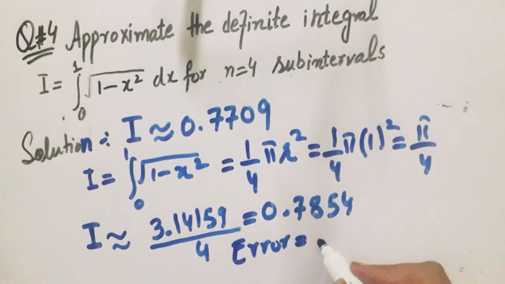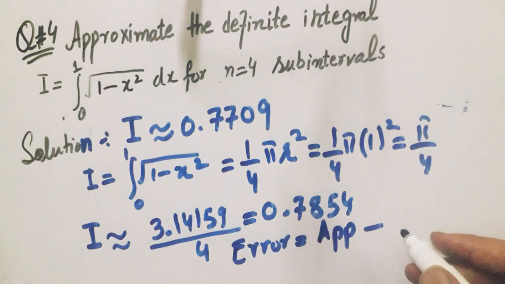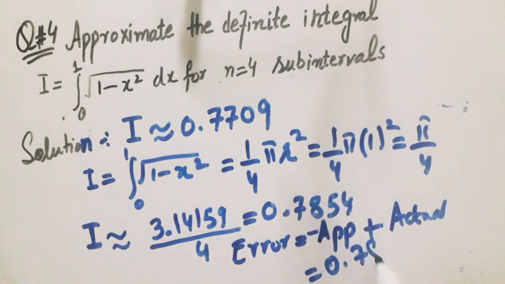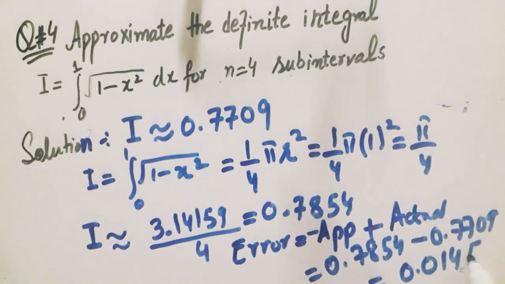Error is actual value minus approximate value. So 0.7854 minus 0.7709 will give you an error of 0.0145. So the approximate value of the definite integral using the Simpson rule is 0.7709, but the actual value is 0.7854.